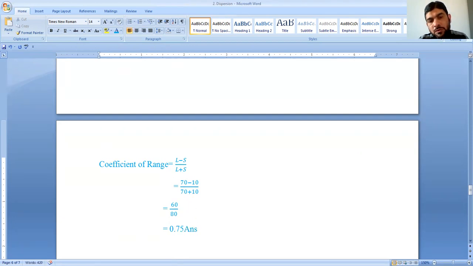This is the coefficient of range between the lowest limit and the largest limit for the class interval series.